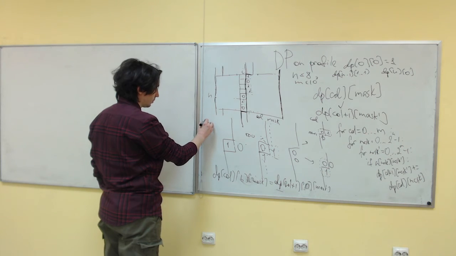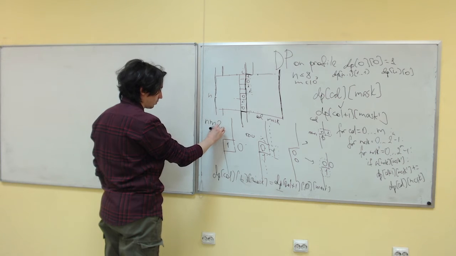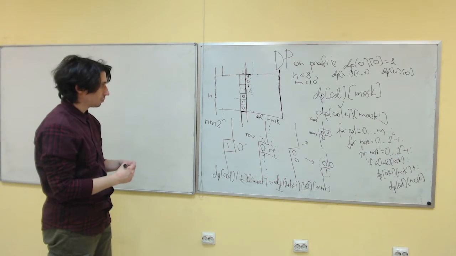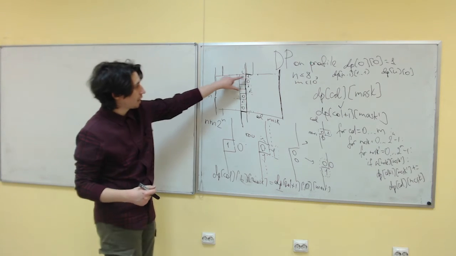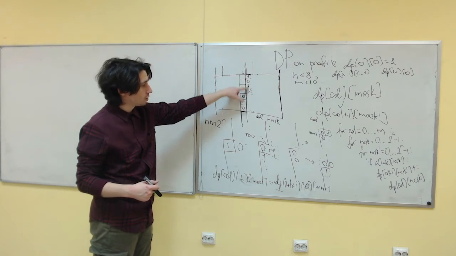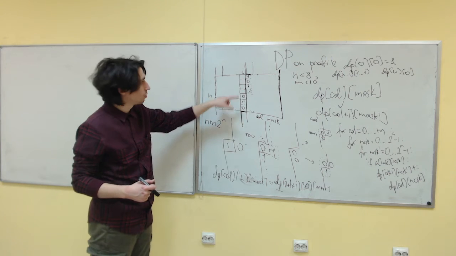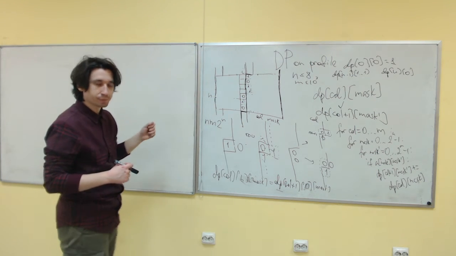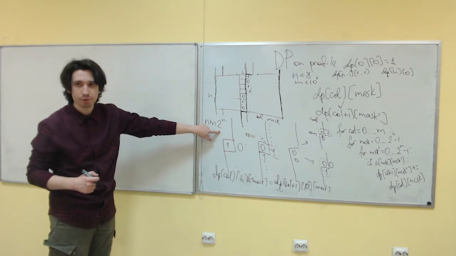So it would be n by m by 2 to the power of n plus 1, I guess. No, there is exactly n mask. The mask is always of size n, so it's one per row. So it's n times 2 to the power of n.